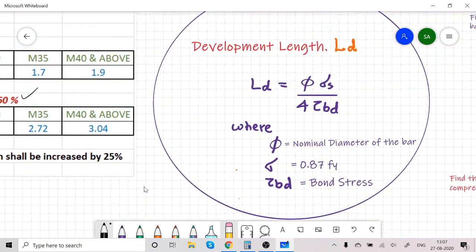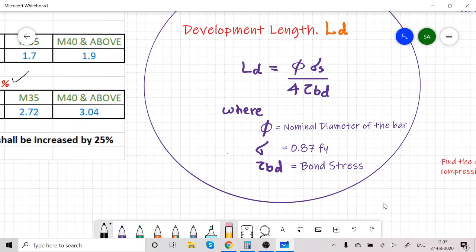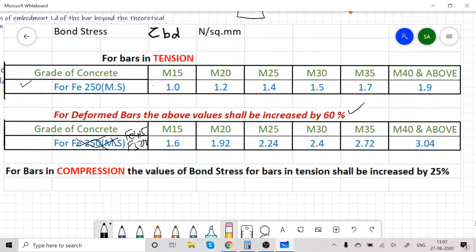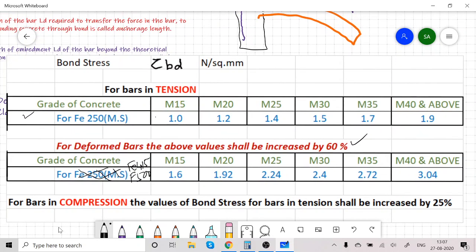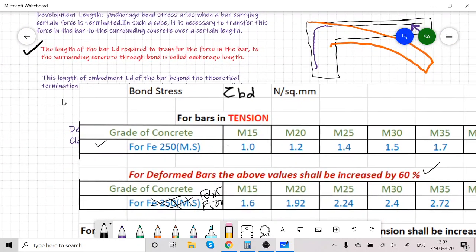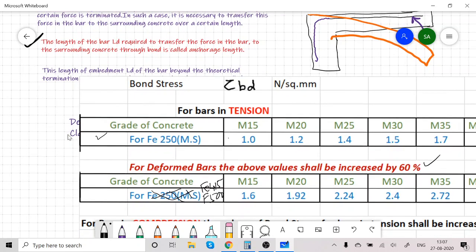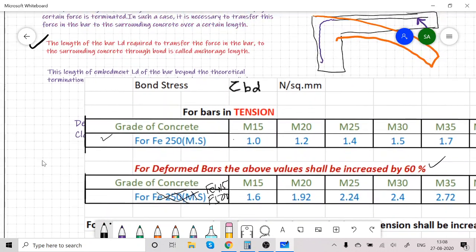Now, how to calculate the development length LD? LD is equal to phi into sigma s upon 4 tau BD, where phi is the nominal diameter of the bar, sigma s is 0.87 Fy, and tau BD is the bond stress given in clause 26 of the IS code.